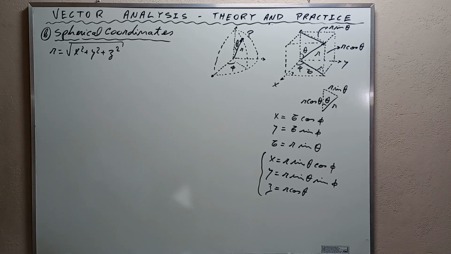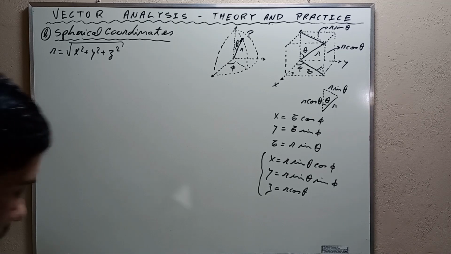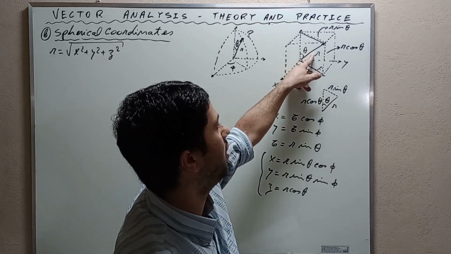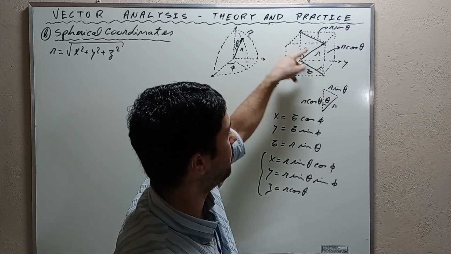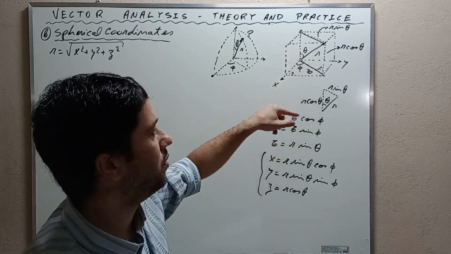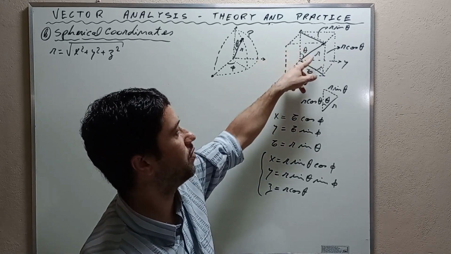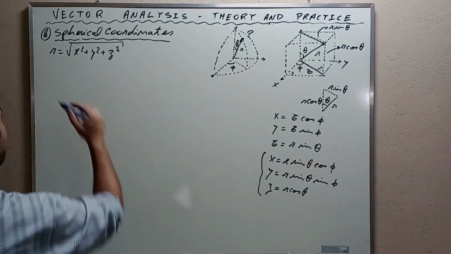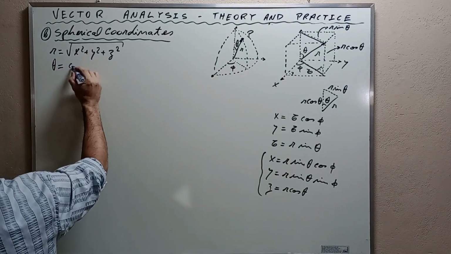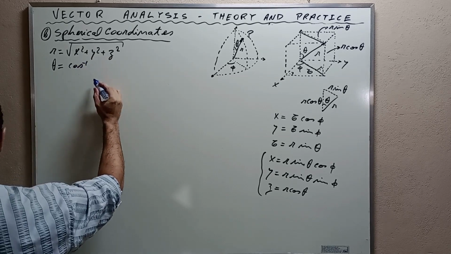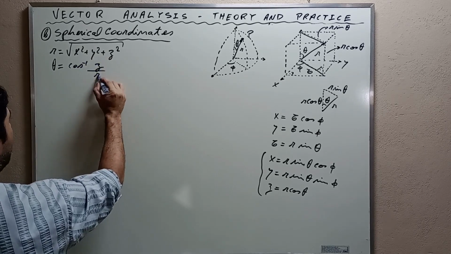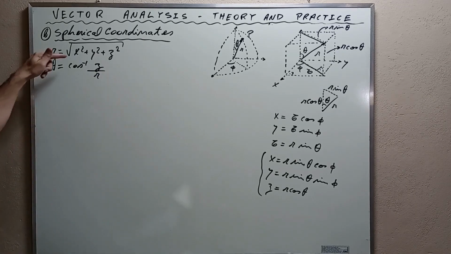And how about the angle theta? The cosine of theta is z divided by r. Then theta is the inverse cosine of z over r, where r is this, okay?